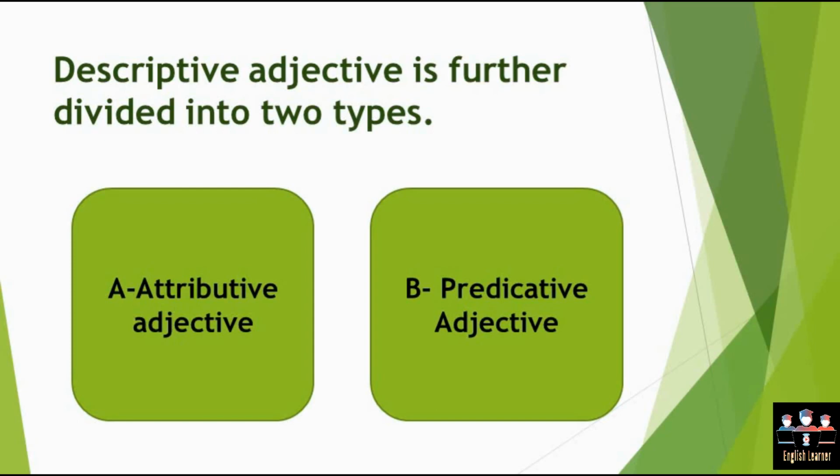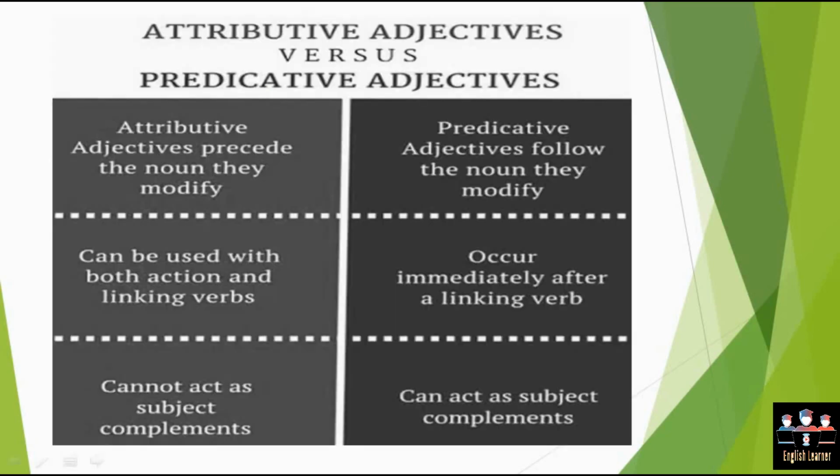Attributive adjective is always going to describe with respect to the noun, means this adjective is going to be placed in a sentence before a noun, whereas predicative adjective is always going to be placed after a verb in a sentence. Attributive adjective versus predicative adjective.